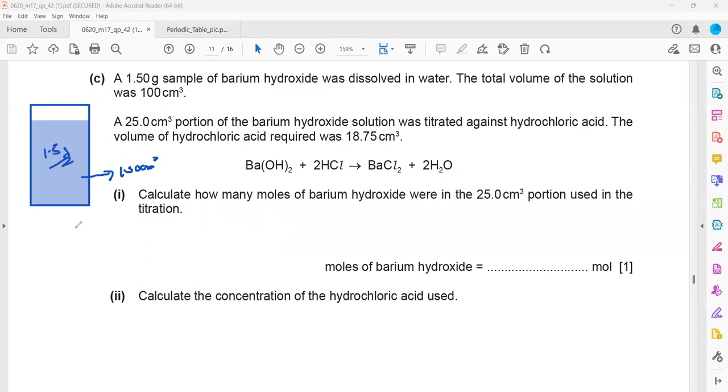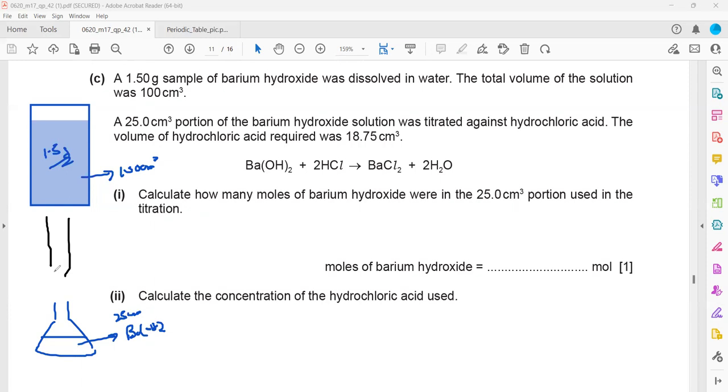But out of the 100 cm3, we took out 25 and transferred that into a conical flask. We transferred 25 cm3 of barium hydroxide into a conical flask, and then we titrated with hydrochloric acid, meaning we reacted it to work out the concentration by using a titration.